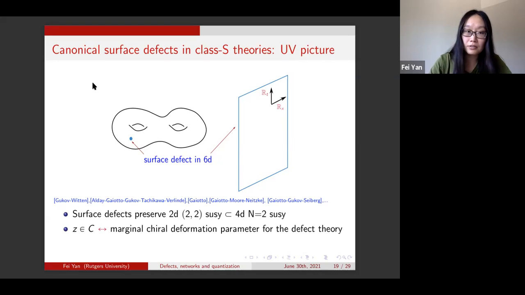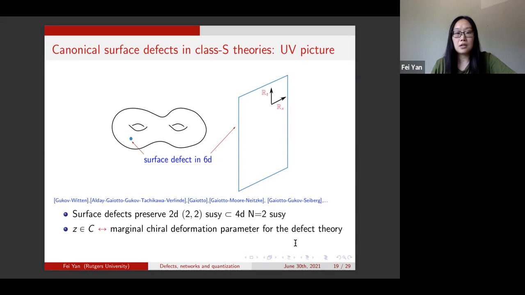Concretely, for this kind of surface defect, very often you would also have a UV description for theories living on the surface defect in terms of some 2D (2,2) gauged linear sigma model. And this Z could be mapped to the exponential of the complexified FI parameter for the U(1) gauge group in this 2D gauged linear sigma model. So we see that this Riemann surface C has a double meaning here. On the one hand, it's the internal manifold that you compactify to get class S theories. On the other hand, it serves as a moduli space of marginal Kähler deformations for the surface defect theory.